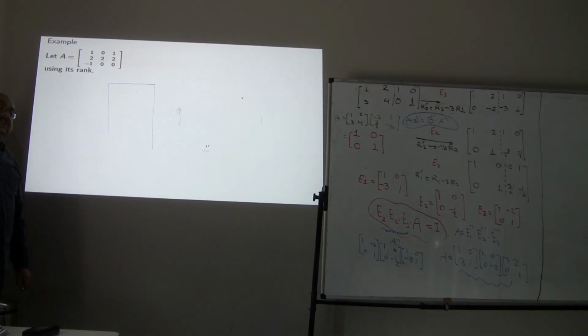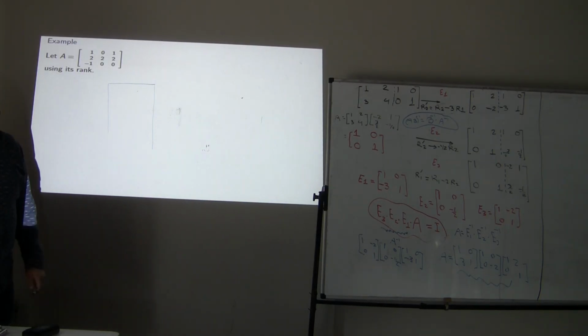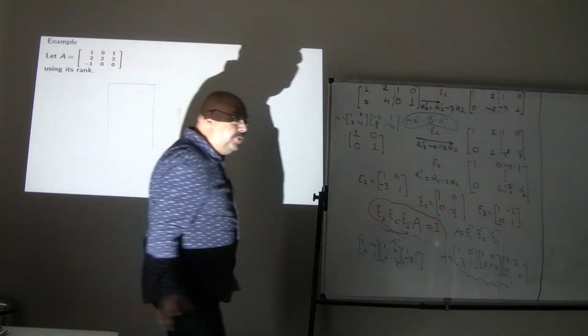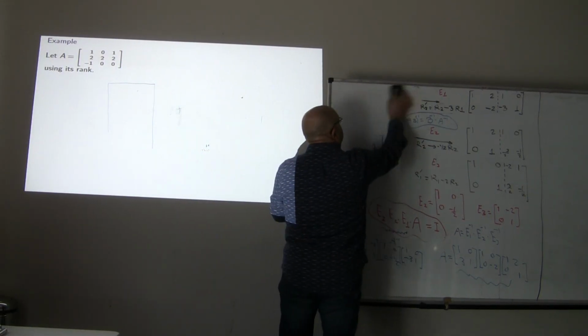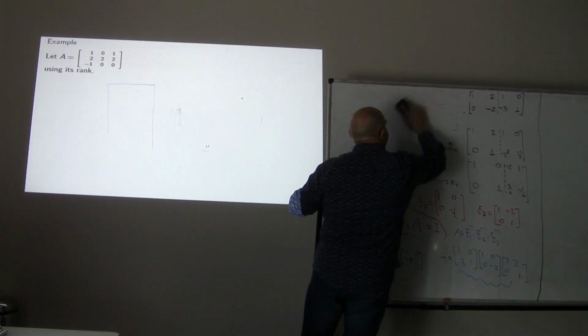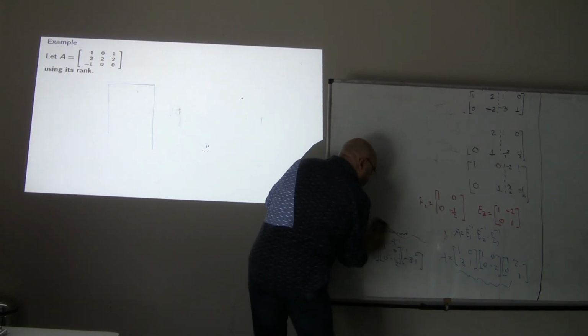I will do it with you once more on a 3 by 3. How to get the inverse of this matrix: I will write it with you and go through it step by step.